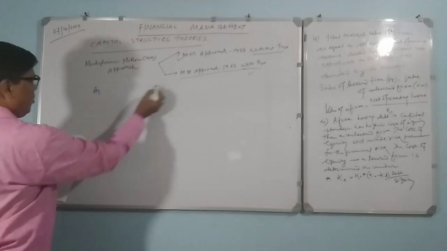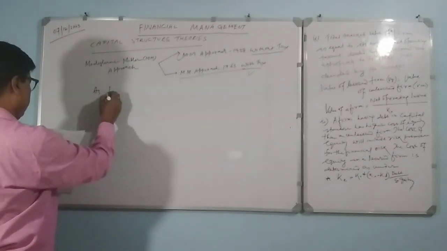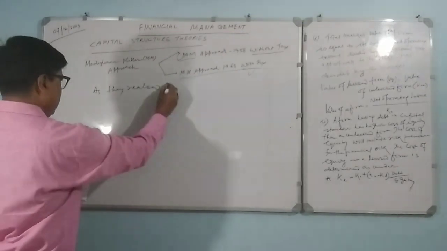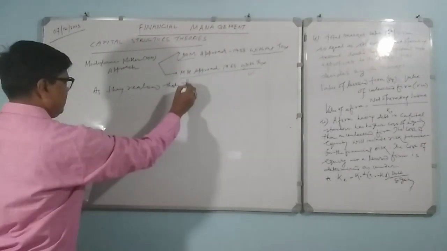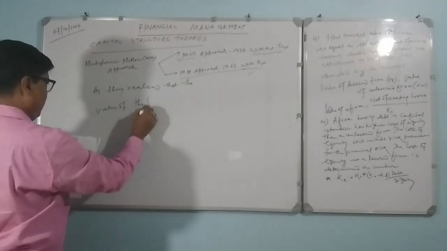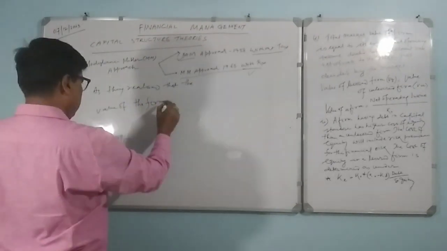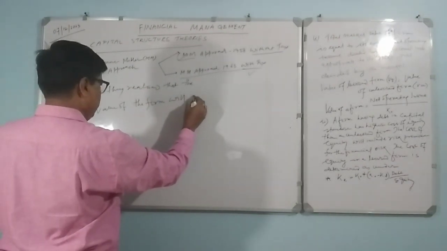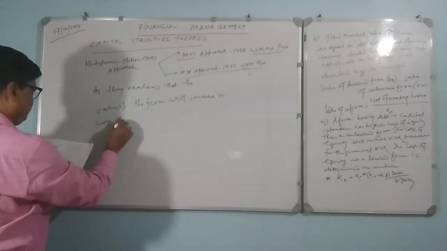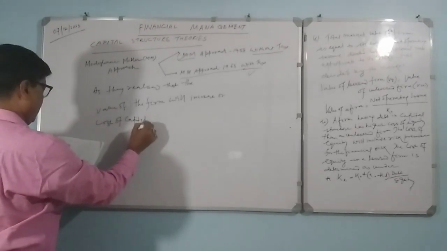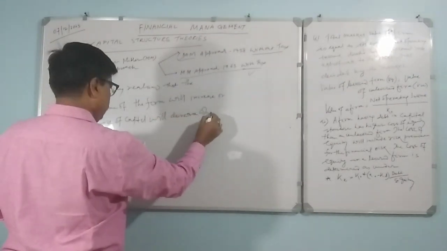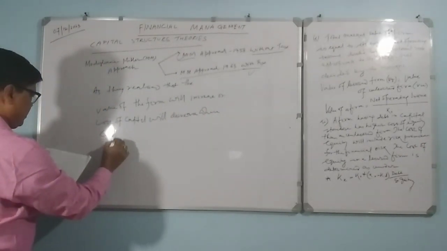You see, what does the MM approach with tax say? Modigliani and Miller realized that the value of the firm will increase or cost of capital will decrease where corporate tax exists.